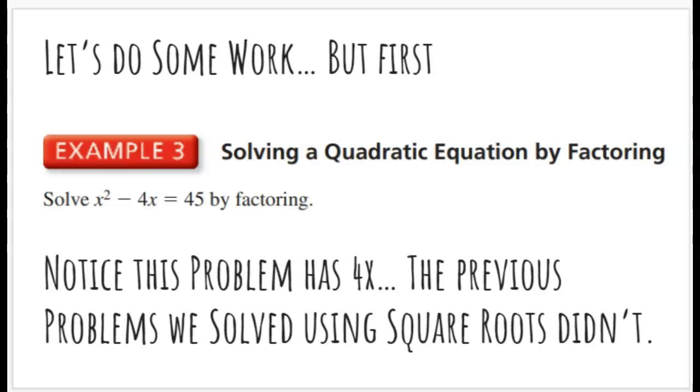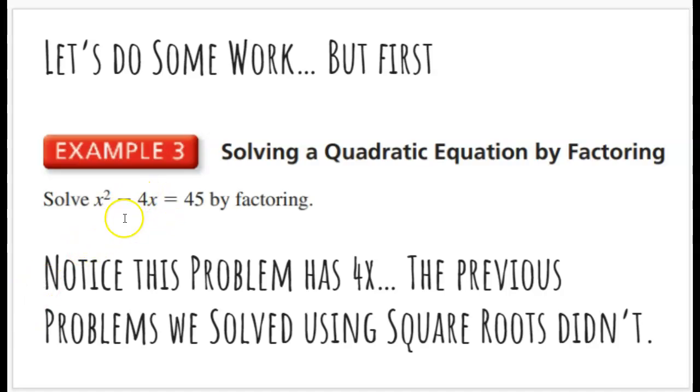We have also solved quadratics by using square roots, okay? But notice, here's what we have today. We have in today's equation a linear term. What do I mean by a linear term?